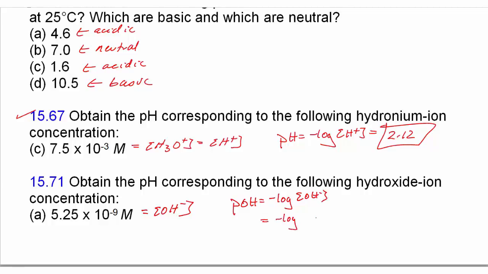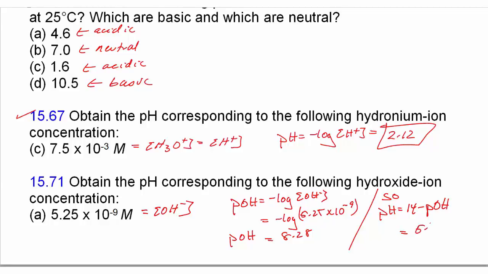So that's going to be the negative log of 5.25 times 10 to the negative 9. 5.25 times 10 to the negative 9, log, about 8.28 is my pOH. So my pH would be 14 minus pOH. Around 5.72 will be my pH.